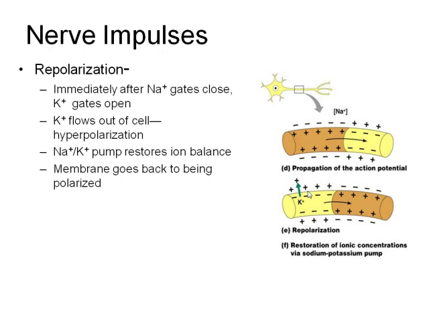That resting membrane potential is returned. Now, a nerve cannot conduct an impulse again until we have repolarized it. So all these events we've just talked about take place faster than you can possibly imagine.